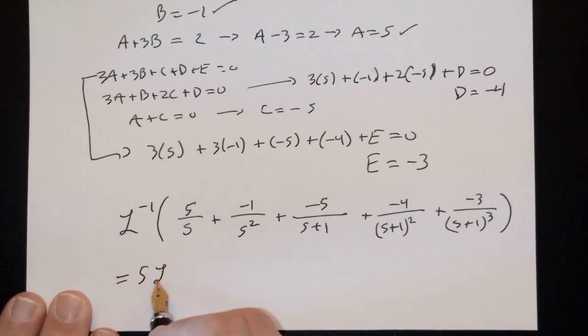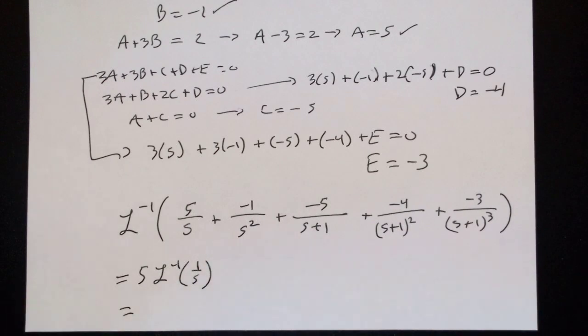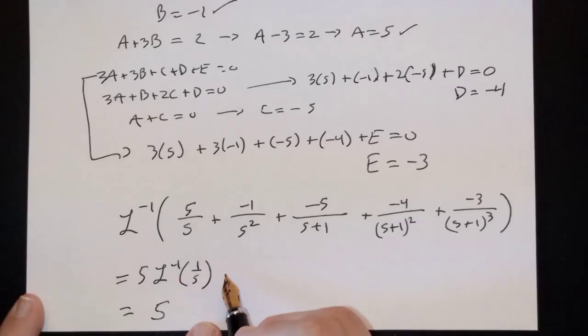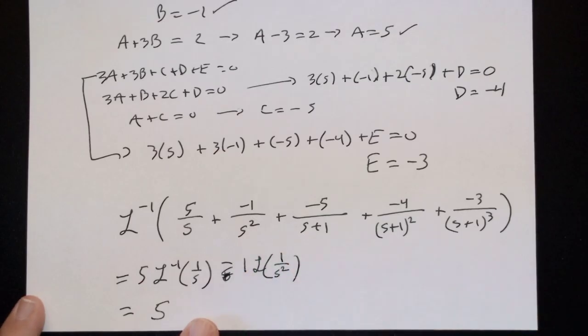This is 5 times the inverse Laplace transform of 1 over S. What's the inverse Laplace transform of 1 over S? Good. So that's just a 5. Plus, minus, right? Minus 1 times the inverse Laplace transform of 1 over S squared.